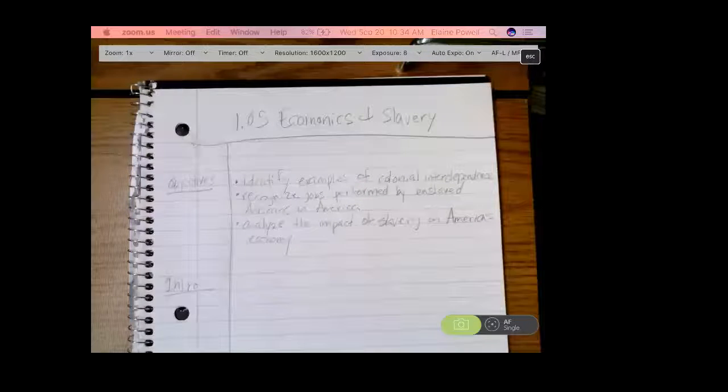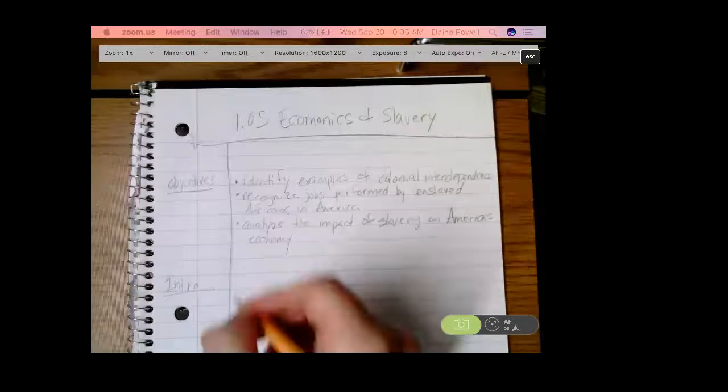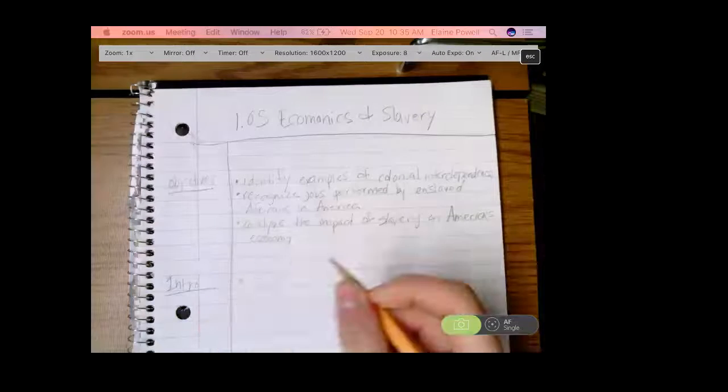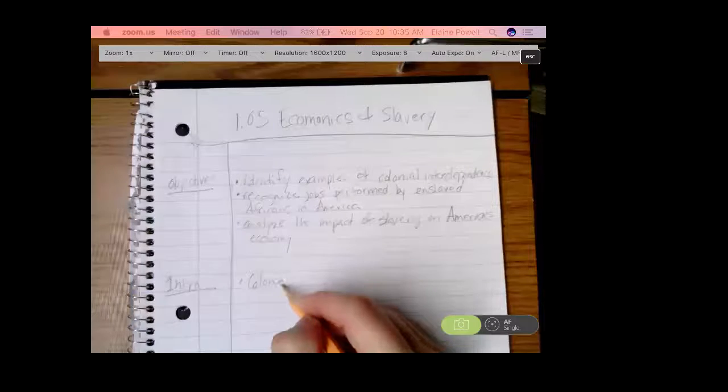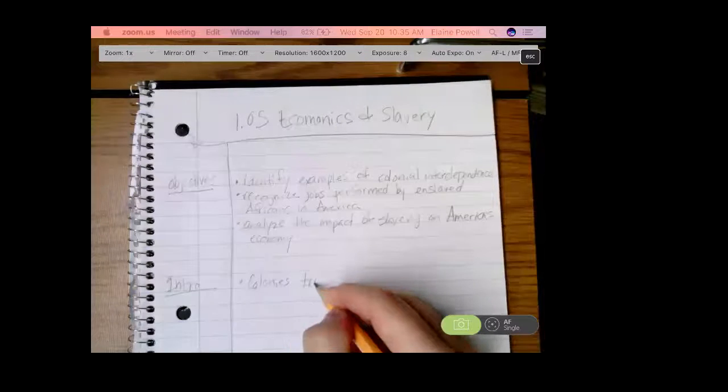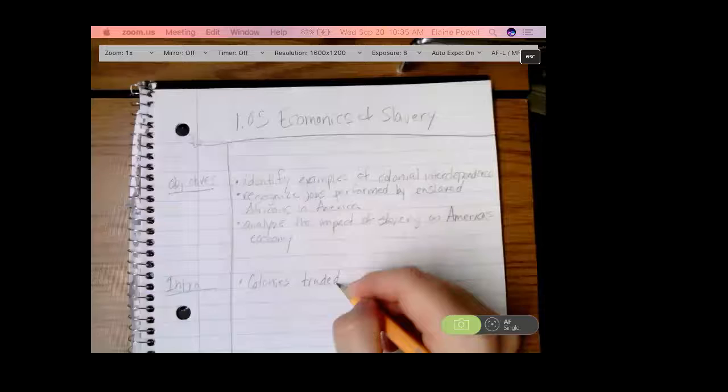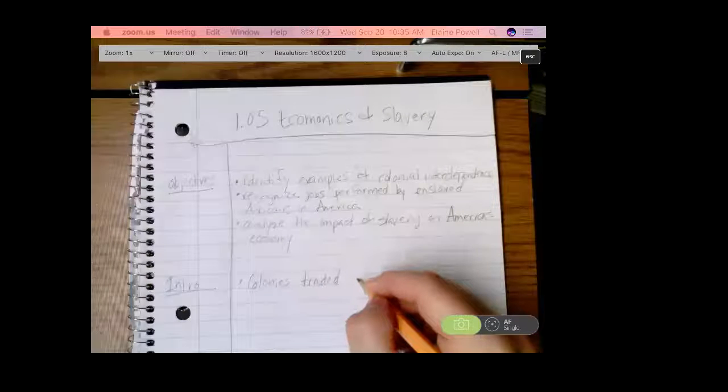Is it talking about how they trade? You see that? That's pretty explicit. So if I go over here next to intro, I could put colonies traded goods and services.